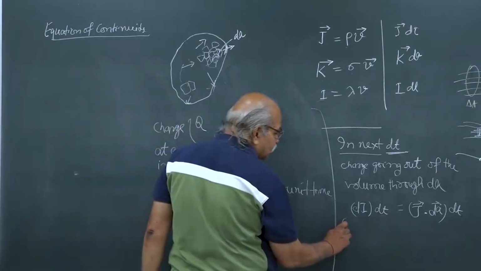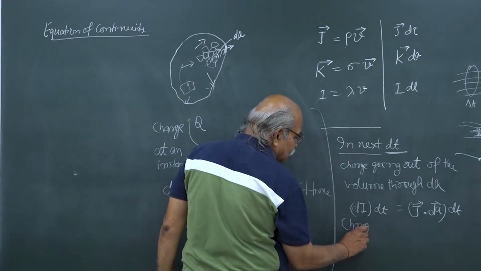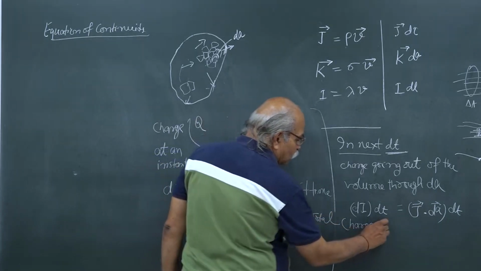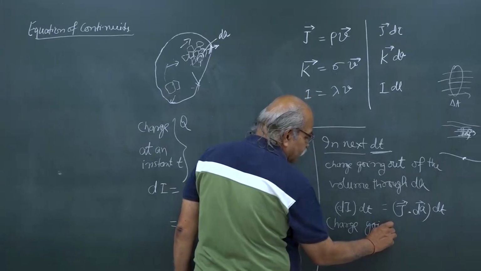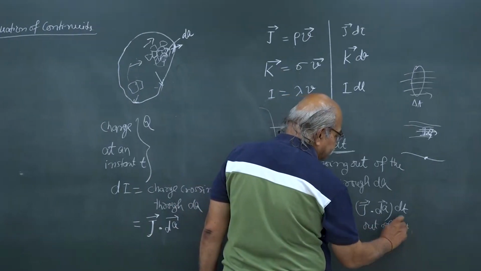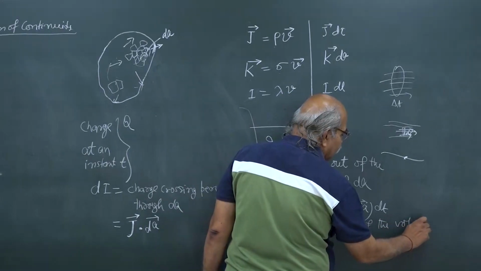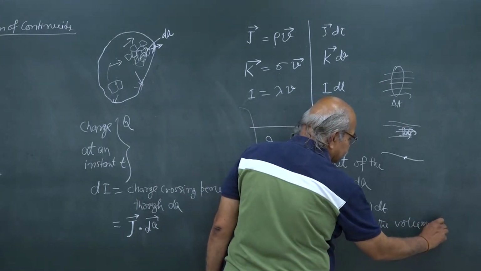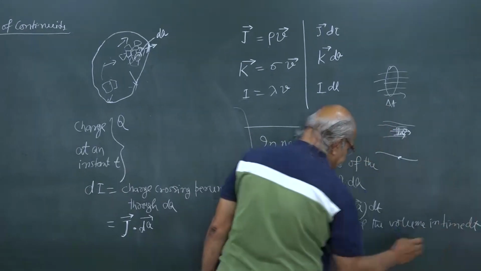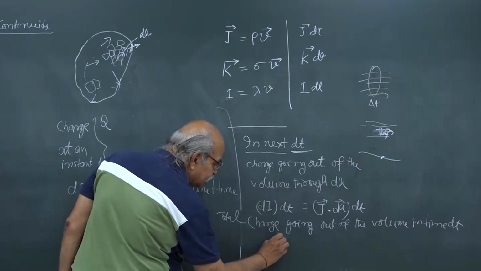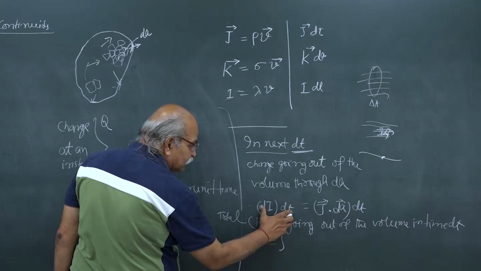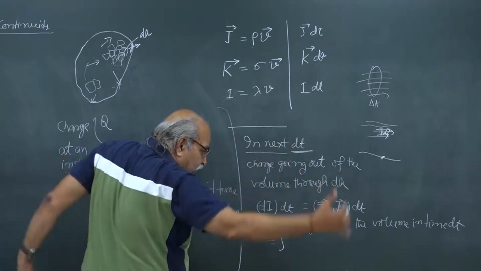So, the total charge going out of the volume, in that time interval dt, will be the integration of this thing. This is your charge going through dA, and then over the entire surface.